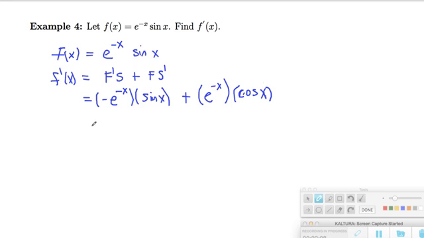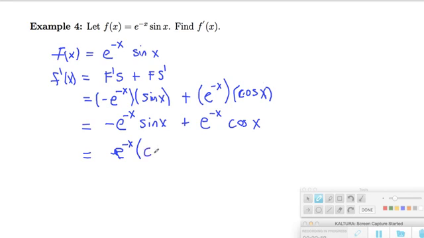And so that's it. The answer here is negative e to the negative x times sine of x plus e to the negative x cosine of x. If you wanted to clean this up a little bit, you could factor out an e to the negative x and write this as cosine x minus sine of x.